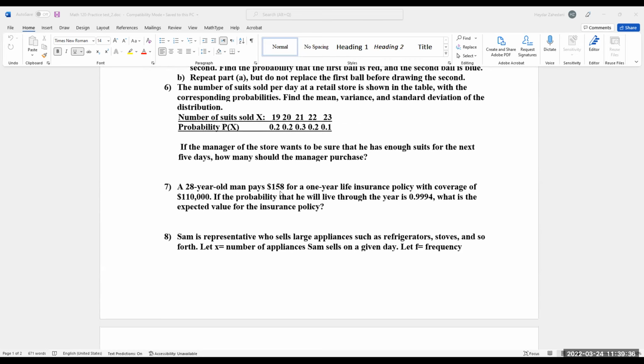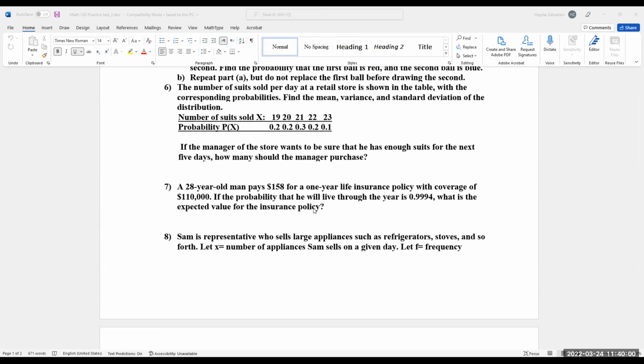Somebody pays $158 for a 1-year life insurance policy with coverage of $110,000. The probability that the person will be alive at the end of the year is almost 100%. What is the expected value for the insurance policy? For the insurance policy means from the company's point of view.